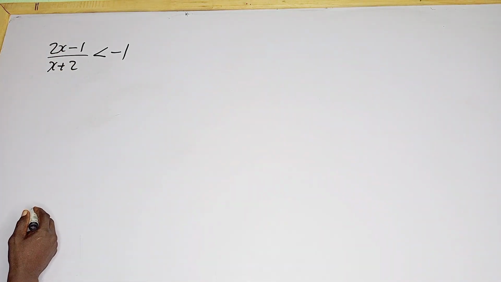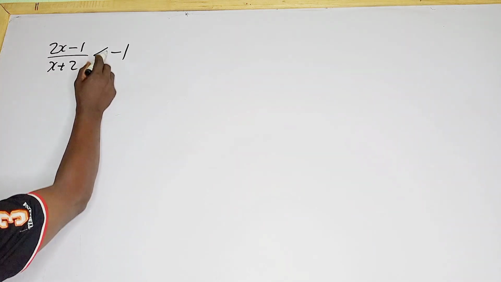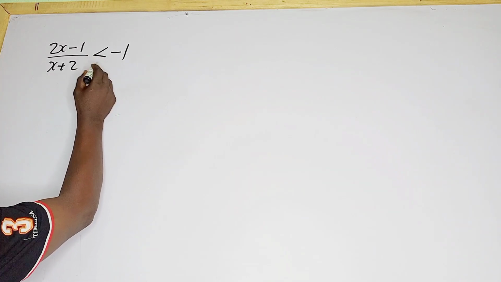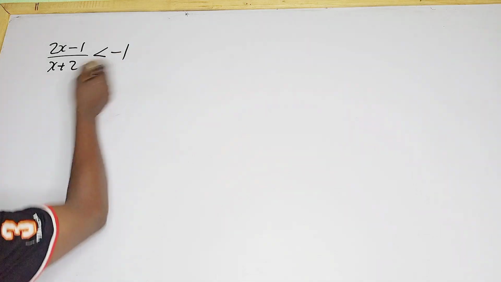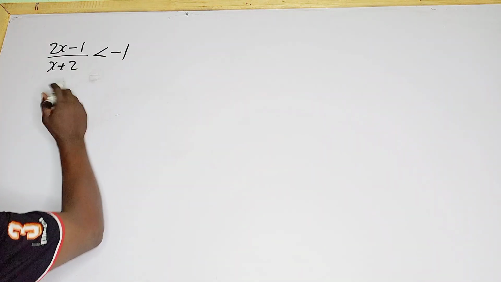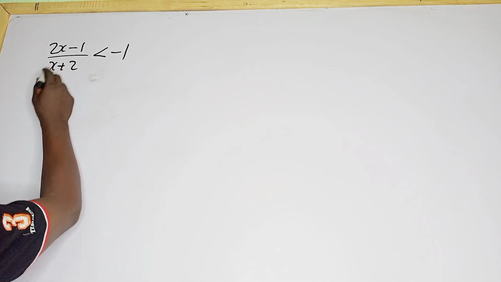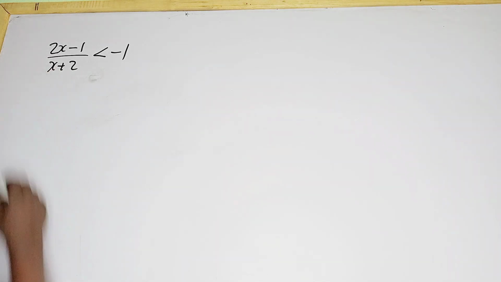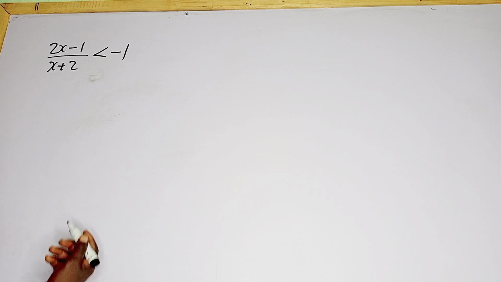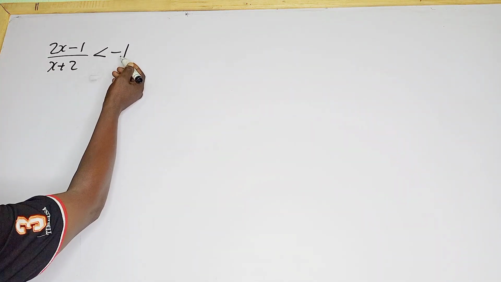We should avoid the error of carrying out cross multiplication. This is not equality. If this were an equal sign, then cross multiplication would make sense. Here, it will not make sense because we don't know the sign of the expression in the denominator because of the variable x. Since we don't know its sign, we can't carry out cross multiplication.